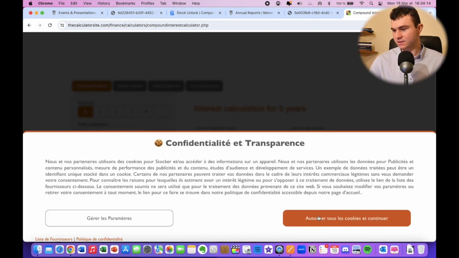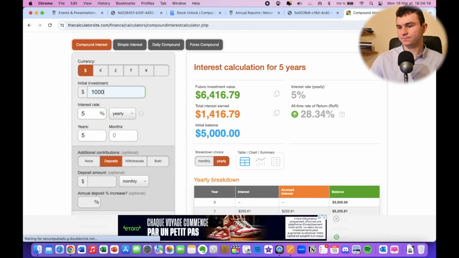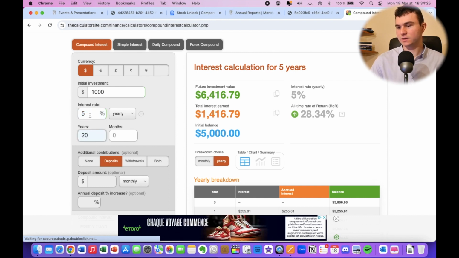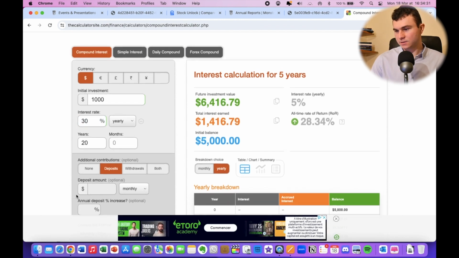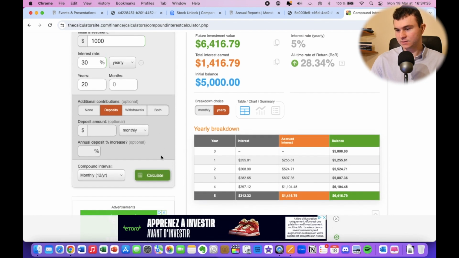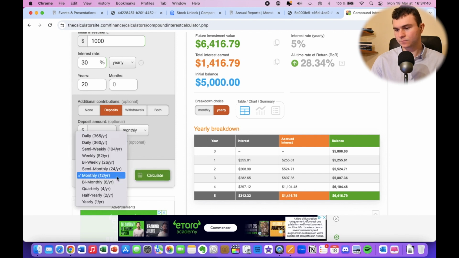If you had invested $1,000 for 20 years and you have an interest of, let's say, 30%. No deposits. Okay, you would have... Calculate.